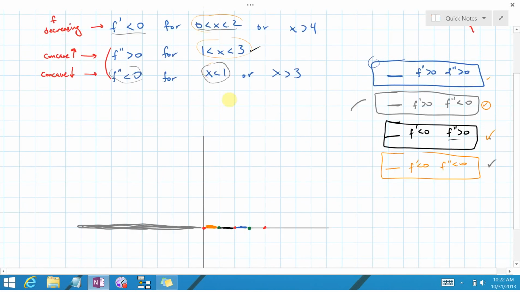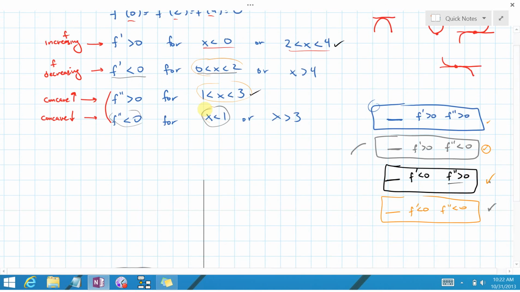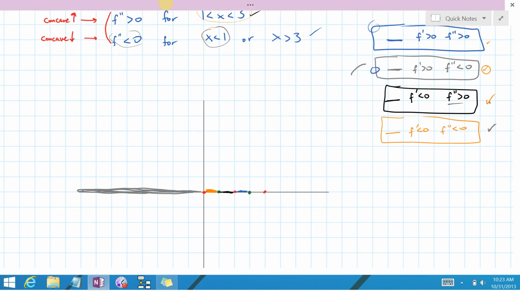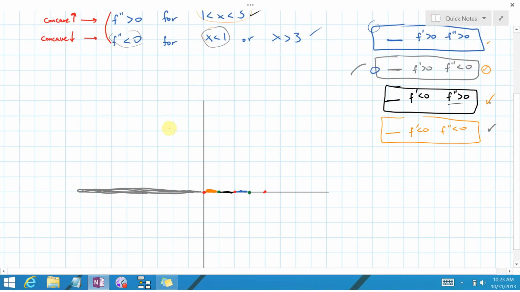Now between 3 and 4, it looks like f prime is still here. F prime still positive, but now for x bigger than 3, f double prime is negative. So that puts me in the gray situation. So switch over to gray and highlight that.